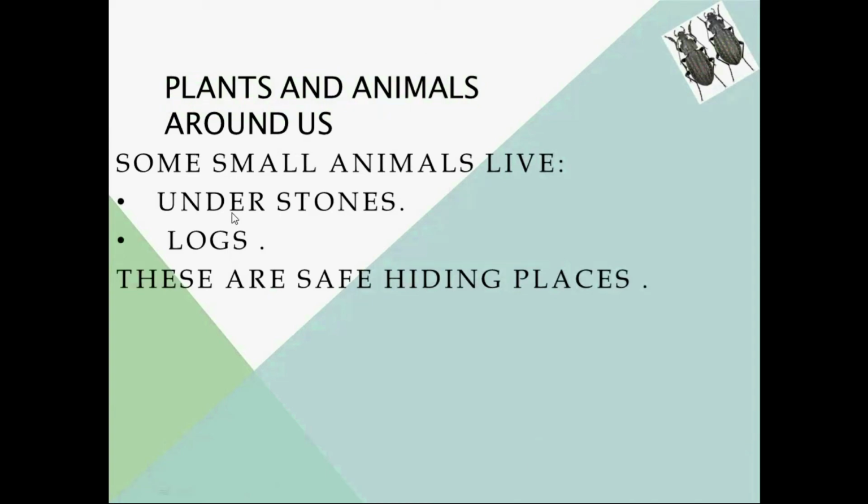They live in those places because they want to protect themselves from getting harmed by any other bigger animal. These places are safe hiding places which help them to hide themselves from any animal who can harm them, who can cause damage to them, who can kill them actually.